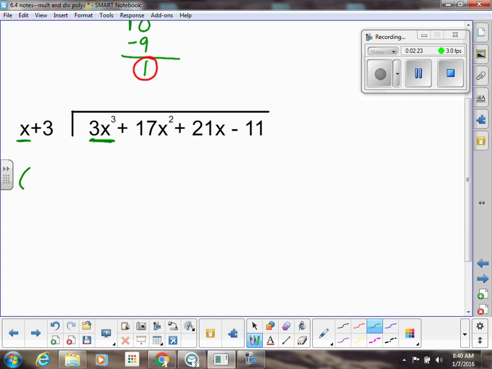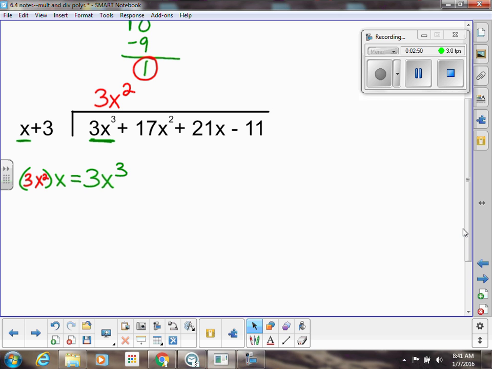So it's like, what times x would equal 3x cubed? Well, I would have to have a 3 in there, right? And then in order to get x to the 3rd power, I would need to have x squared, so that the total number of x's there is 3. So that 3x squared, that thing that I'm trying to come up with, that goes above here.